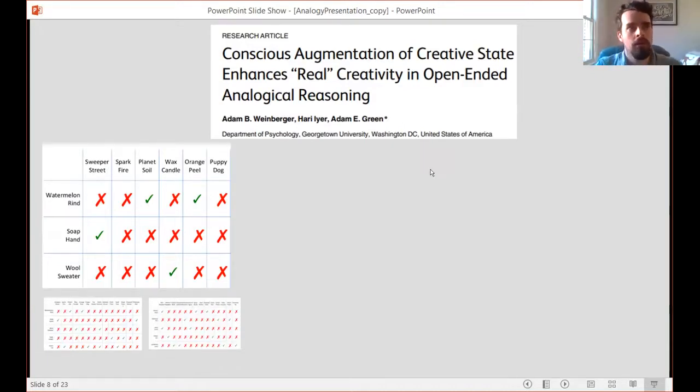Another thing that our lab has studied is this idea of conscious augmentation of creative state. In other contexts, there's a task called the verb generation task. We present participants with a noun, for example, fork, and they have to generate a verb that's related in any way. One example would be eat, which is a pretty common response.